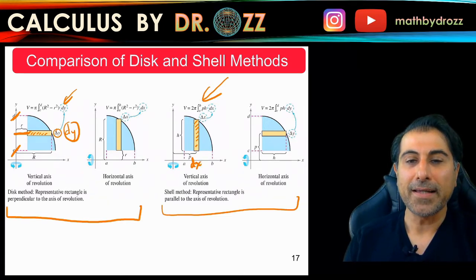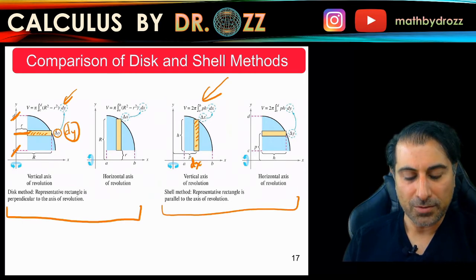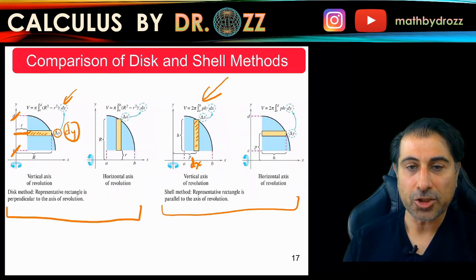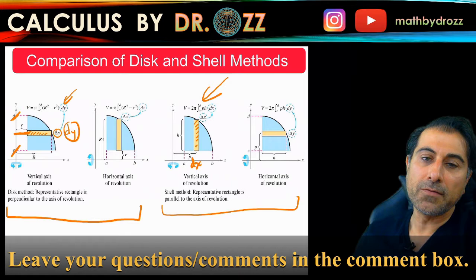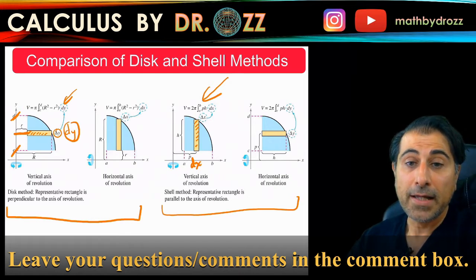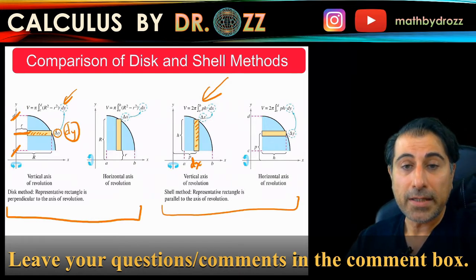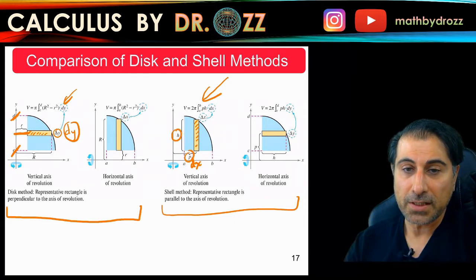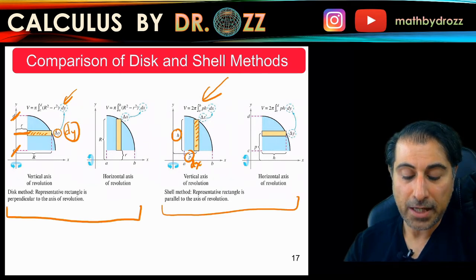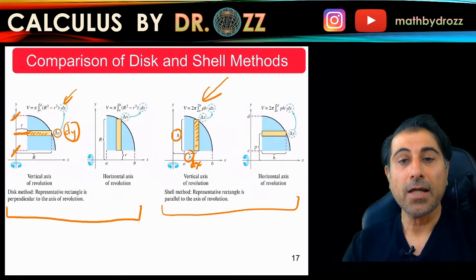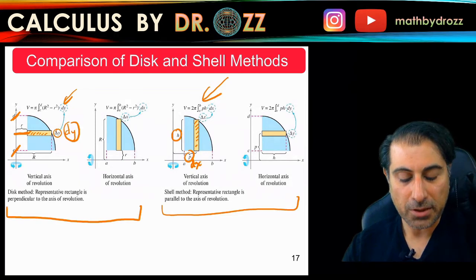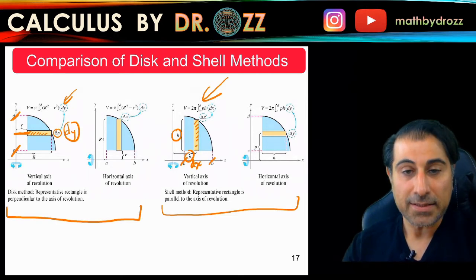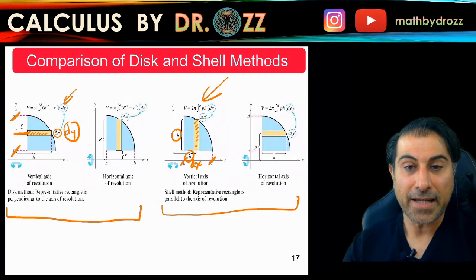Once you revolve this around, you're going to get a shell, and the volume of the shell is determined by its radius and its height. Here you have h and p, but remember, since we have the thickness dx and the integral is going to depend on x, p and h are going to be written in terms of x, and for the limits of the integral we're going to use a and b, the x values corresponding to this region.